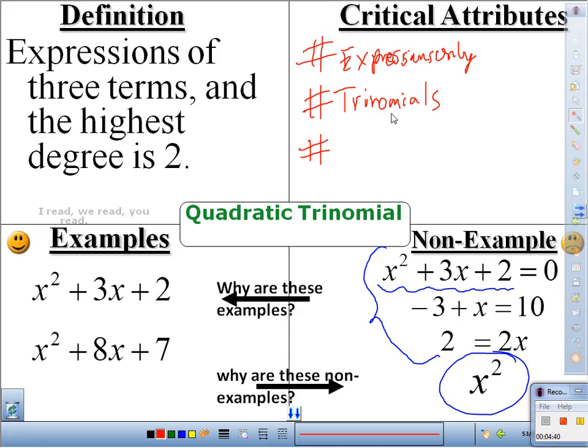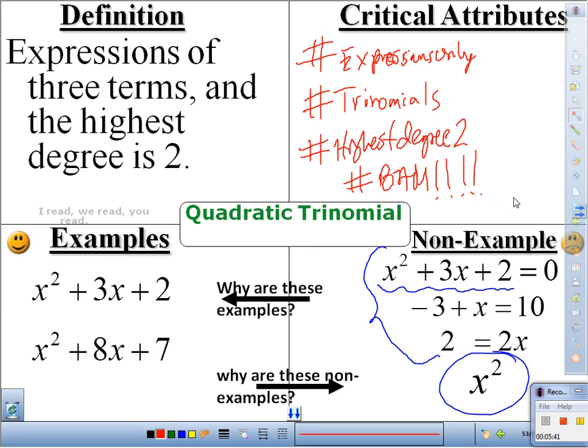Yeah, we got trinomials for 3 terms, and we're missing highest degree 2. Hashtag BAM. Okay?